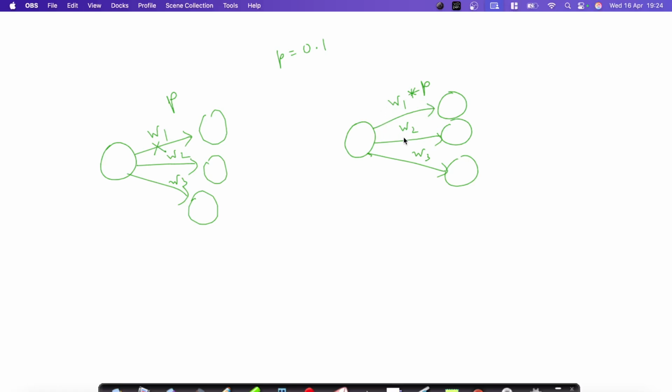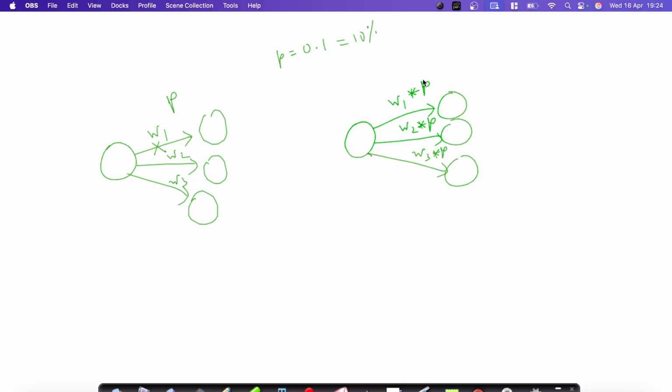Again I'll explain it. It is a bit complex, but bear with me. What do I mean by W1 into P, W2 into P? This is during the testing phase, and this is what we should do. Why is that relevant? P equal to 0.1 means 10%. So this particular edge, W1, was present during the training time 10% of the times, or was not present 10% of the times.